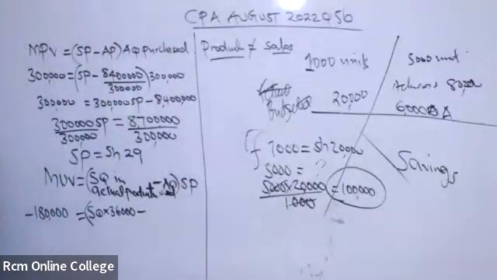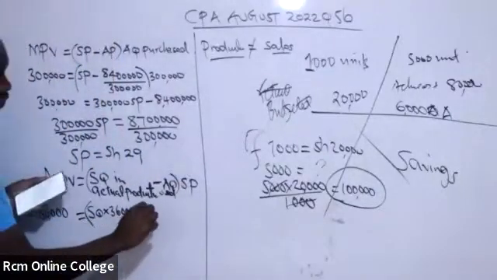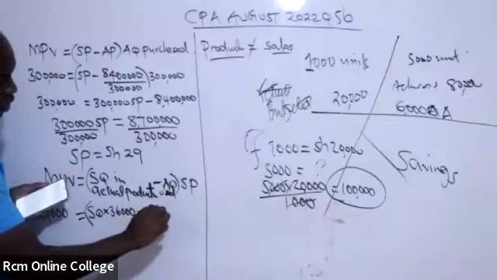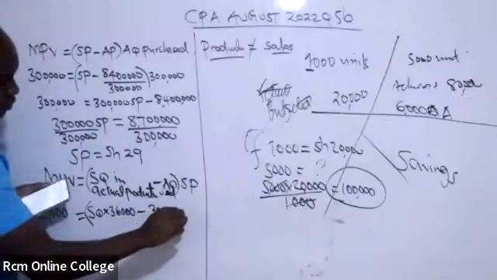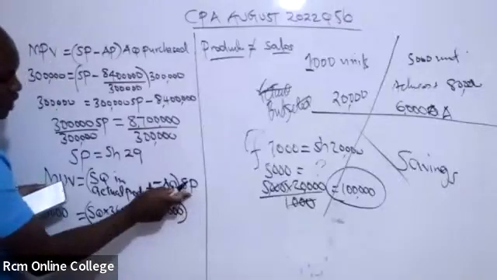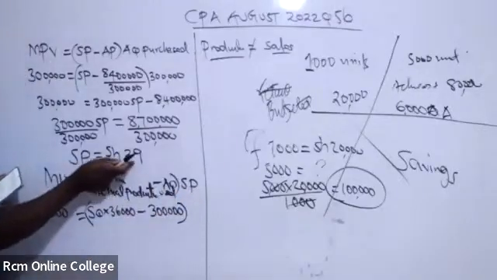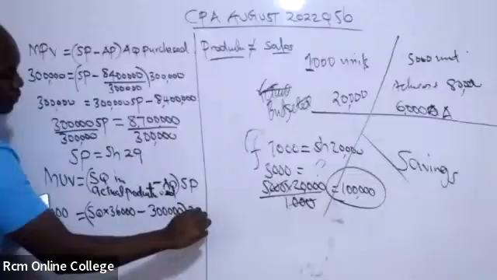Perfect. So let's come here. Actual quantity 300,000 kgs. This should be multiplied by the standard price, which happens to be 29 shillings.